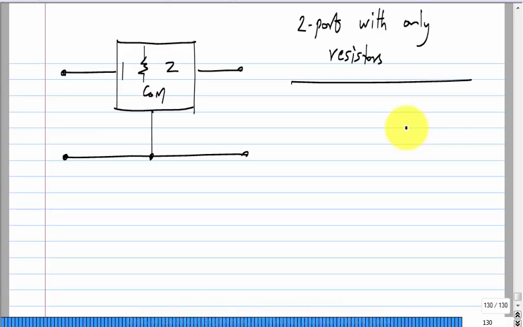There could be 1, there could be 1000. So can we make any general statements about Y parameters, let's say, or Z parameters? Y12 and Y21 will be 0. Why? That's true.